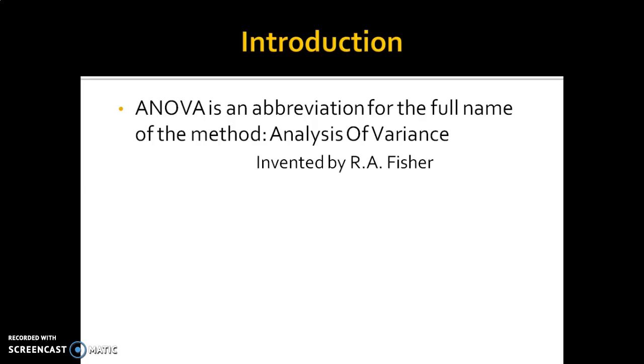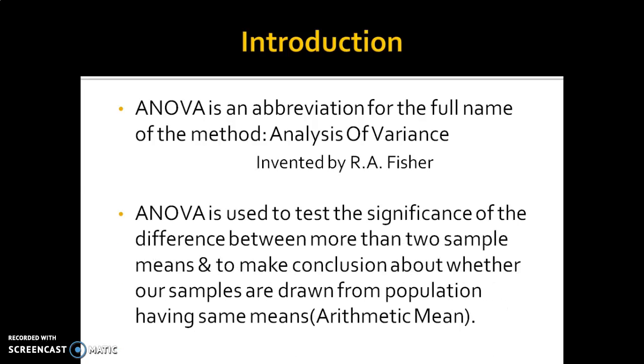This particular technique was invented by R.A. Fisher. Now, ANOVA is used to test the significance of the difference between two or more means and to make conclusion about whether our samples are drawn from the same population having the same means.